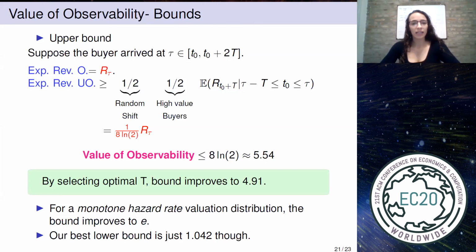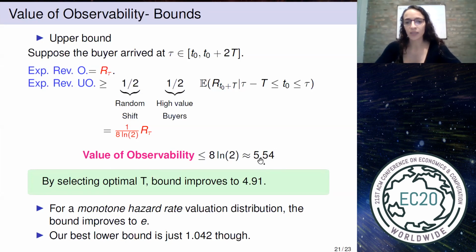So by taking this pricing policy into account, we can upper bound the expected revenue of the seller in the unobservable case as a constant fraction of the expected revenue of the seller in the observable case. And then by computing the ratio, we obtain that the value of observability is upper bounded by a constant.